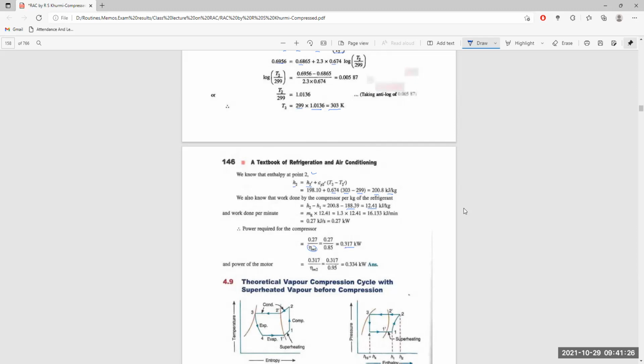This is the mechanical efficiency of the compression. So if we divide this power by the efficiency, we get 0.317 kilowatt. The compressor is required to produce 0.317 kilowatt, and the power of the motor, which is to be divided by the efficiency of the motor, which is 0.95, is 0.0334 kilowatt. This is the answer.